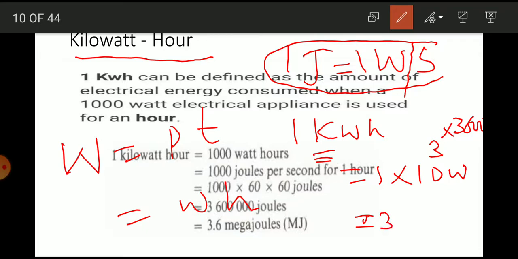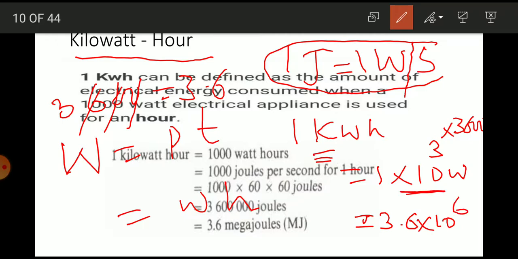So 3.6 cross 10 raised to power 3, and this 3 together becomes 10 raised to power 6 watt second. So 1 kilowatt hour is equal to 3.6 cross 10 raised to power 6, which you will write as mega joule.